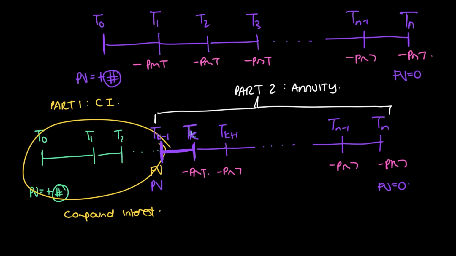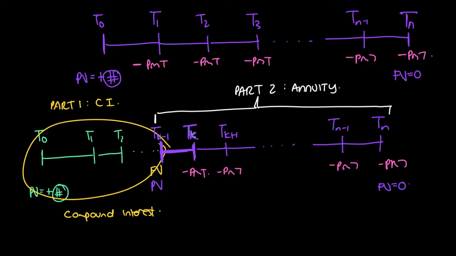Then we look at how we get that present value for that part of the calculation, and we can use the first part, which is your standard compound interest formula. We can use that future value as our present value for part 2. And that's how deferred annuities work when you do the calculations.